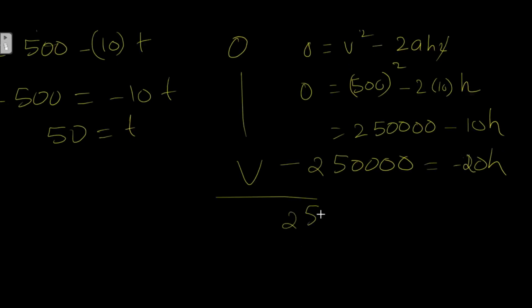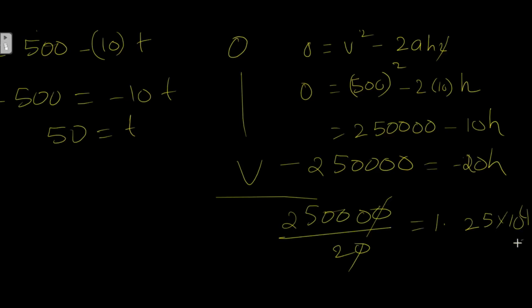Clear? 250000 divided by 20, the zeros cancel, equals 1.25 into 10 power 4 as the answer.